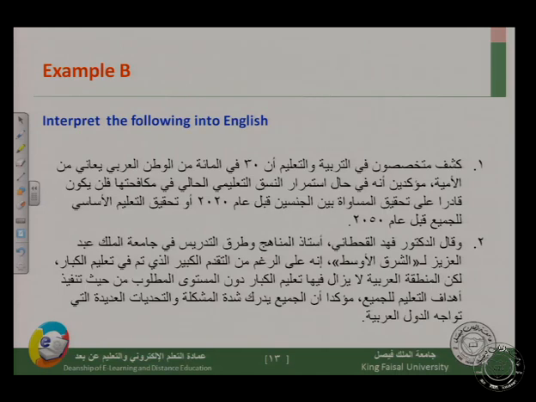stressing that if this continues, أنه في حال استمرار نسق التعليم الحالي مكافحته فلن يكون قادرا على التحقيق.